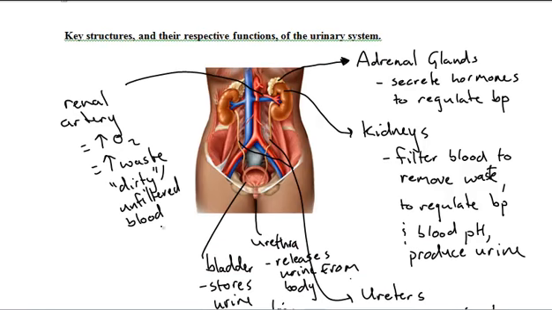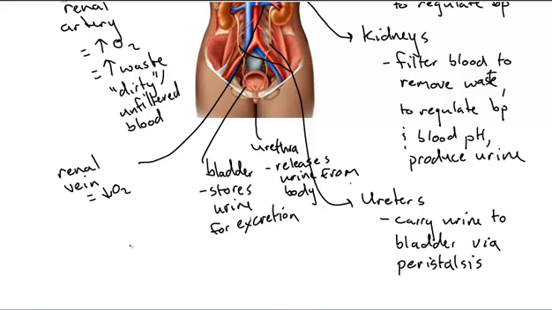And coming back out, you have a red and a blue coming in and out of each kidney. They just didn't show the red going into the other kidney. This is the renal vein, which is going to be lower in O2. It's provided O2 to the cells, but it's also going to be lower in waste. And this equals your so-called clean or filtered blood. And how that filtering occurs, we'll look at in detail in lesson 2.